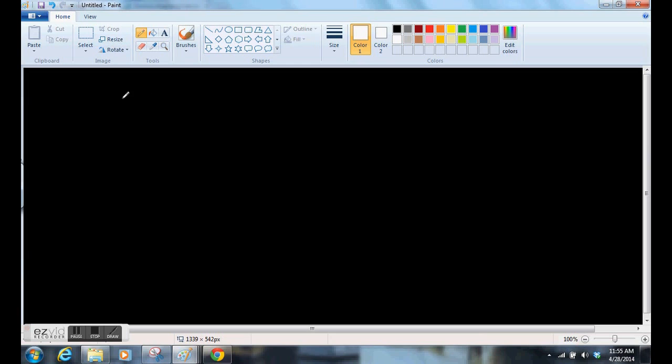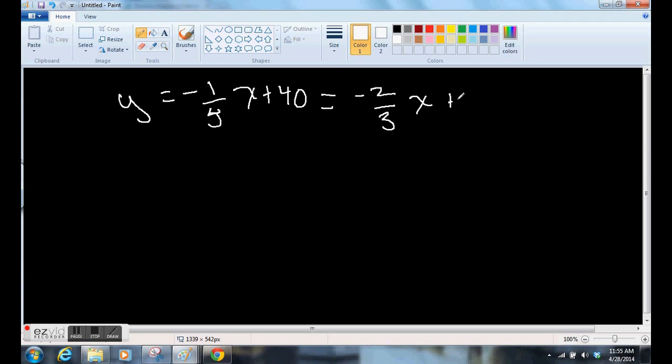You would say, I want the two graphs to be equal to each other. The first one was y equals minus 1/5 x plus 40. And we want that to be equal to the next one, which was negative 2/3 x plus 44.6. You set the y's equal to each other. And then you solve for x.